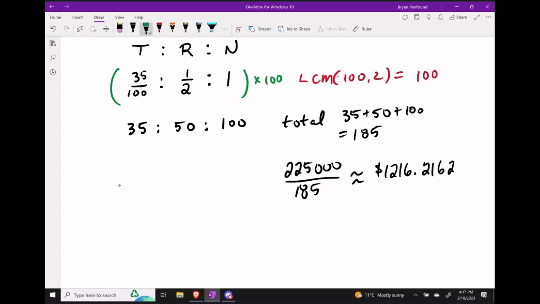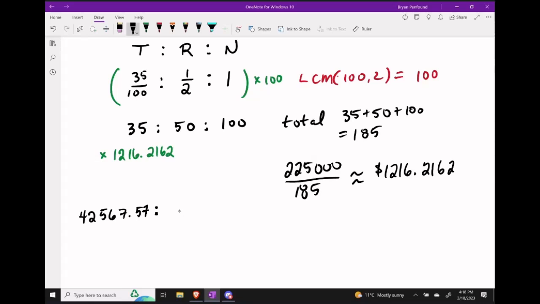So let's take our whole number ratio of 35 to 50 to 100, and let's multiply everything by 1,216.2162. Multiplying this value by 35, we get 42,567.57.